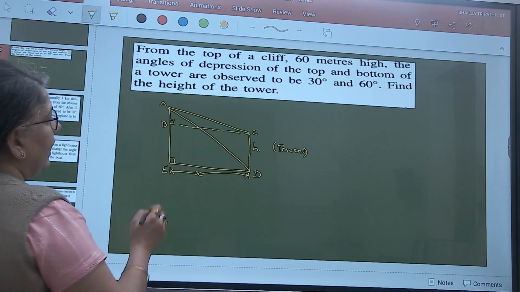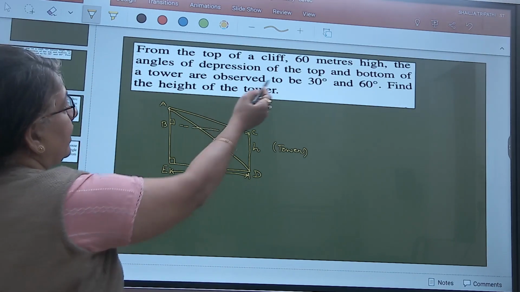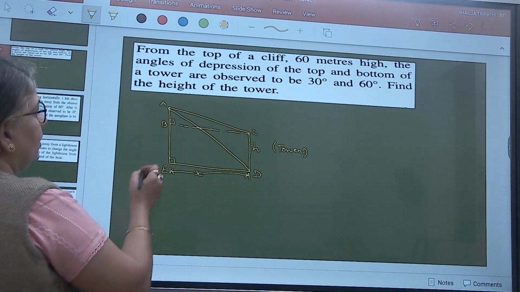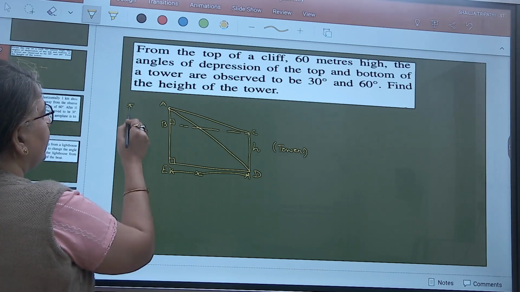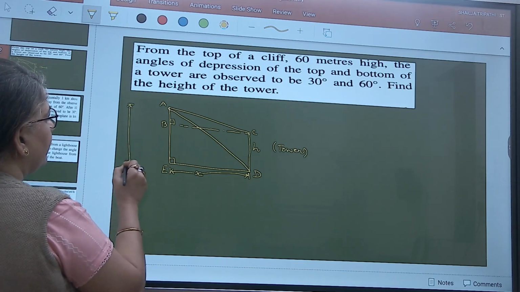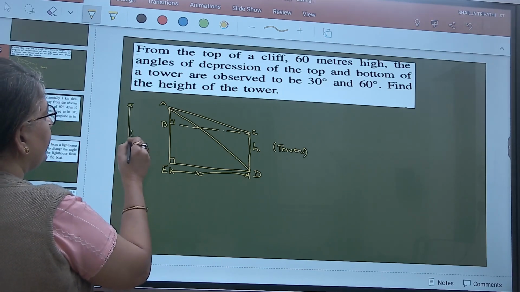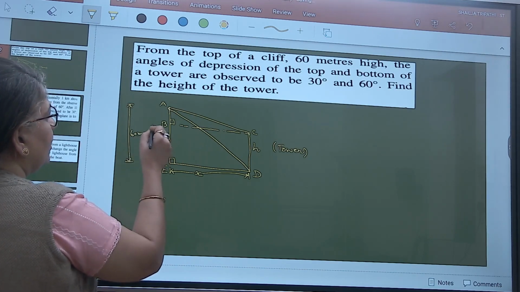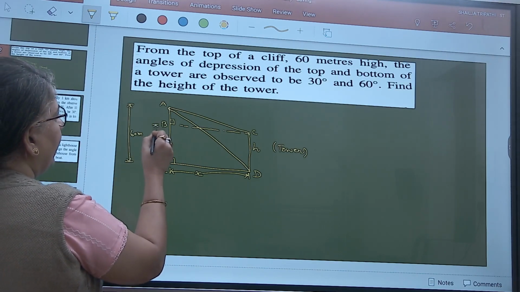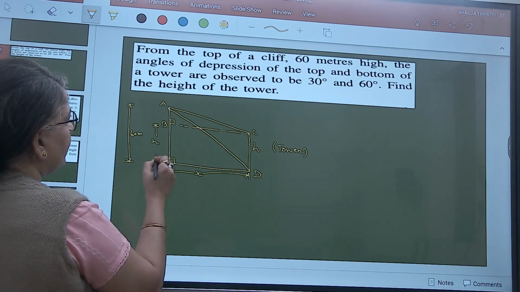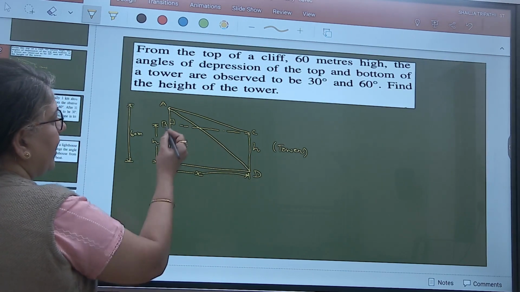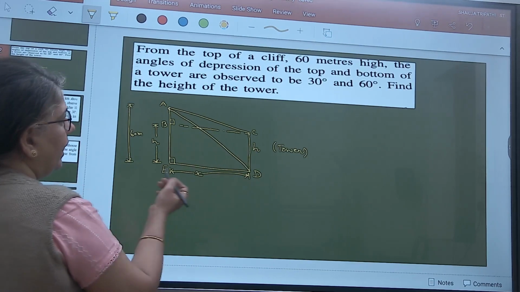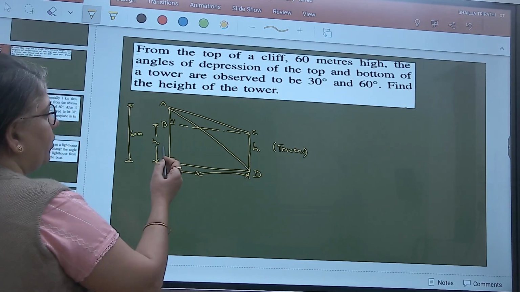See, this AE distance is already given, that it is 60-meter high. So AE is the cliff, which is 60-meter high. So BE distance will be h, because we are getting a rectangle here, BCDE, and opposite sides are equal.